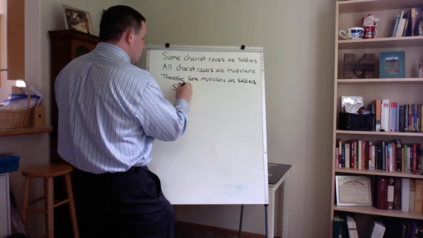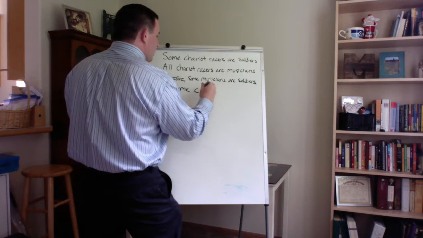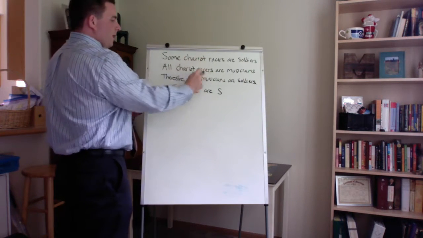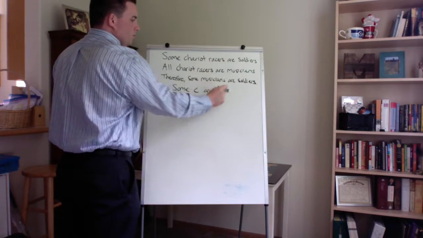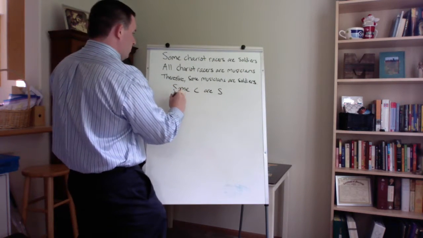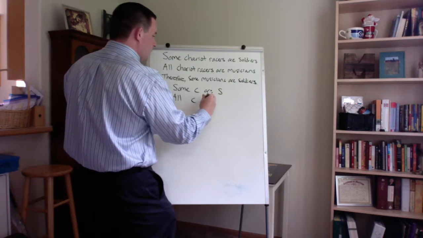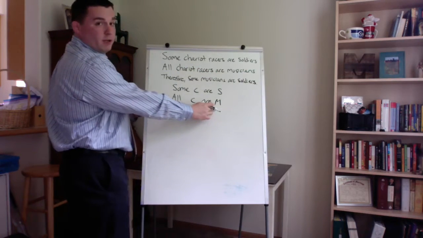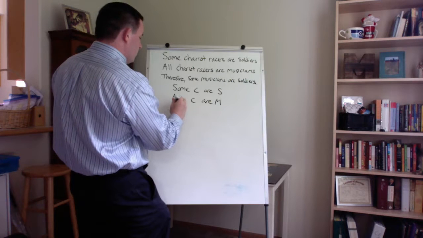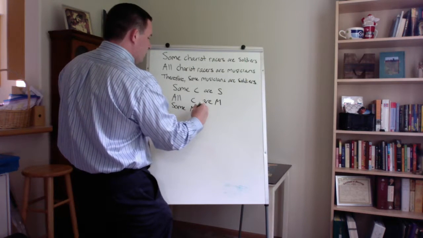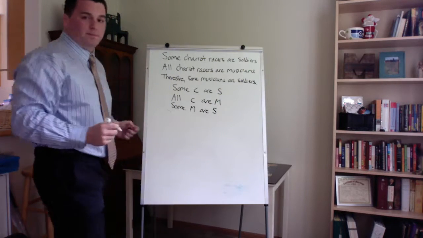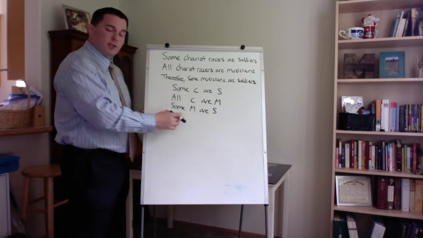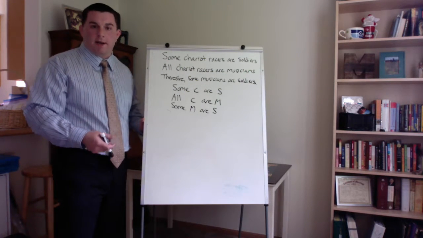You do something like: some C are S. So some chariot racers, C, are soldiers, S. All C are M. So all chariot racers are musicians. Conclusion: some M are S. Maybe that's a little bit helpful. You can ignore some of the words and just look at the form or the structure that the argument takes.